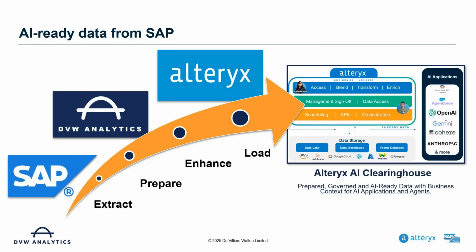That concept is what we call the Alteryx AI Data Clearinghouse. Essentially, it's a mechanism, as you saw with the drag and drop interface, which lets you embed your business context, in terms of business rules and other capabilities, prepare it within a governed setup, and make it ready for various AI applications and agents.